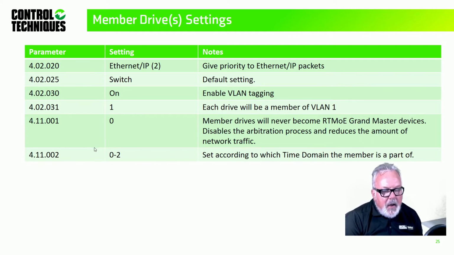All right, we left off. I was showing you the gateway drive settings. Now we'll go look at the subscriber or follower or whatever you want to label it as settings, or member, I guess, to follow along with my example. So I'm going to go right back into the same menus we just looked at.